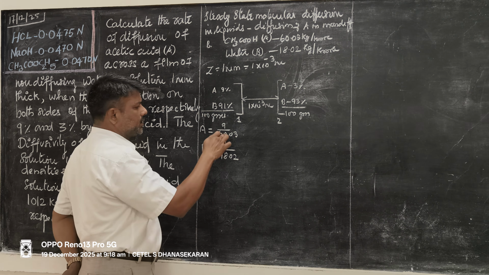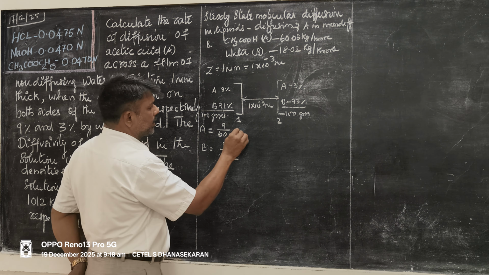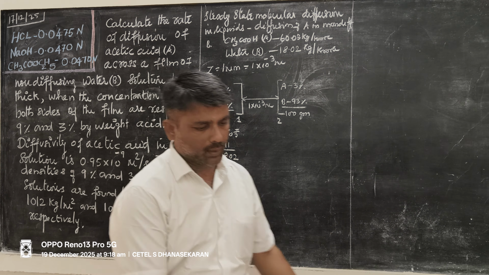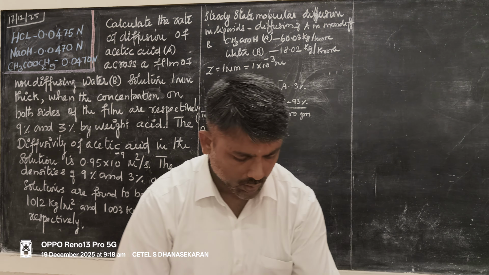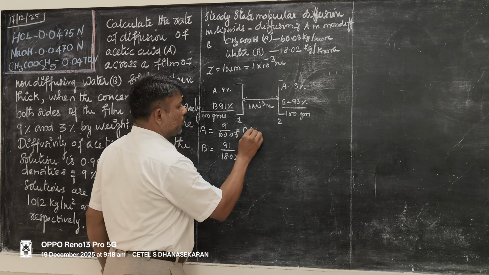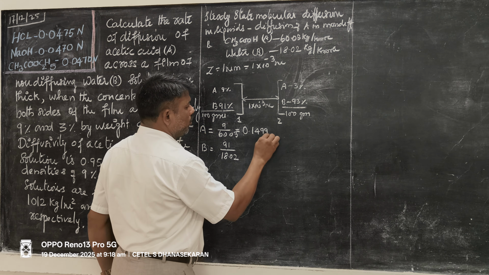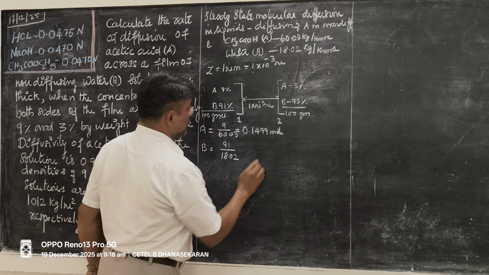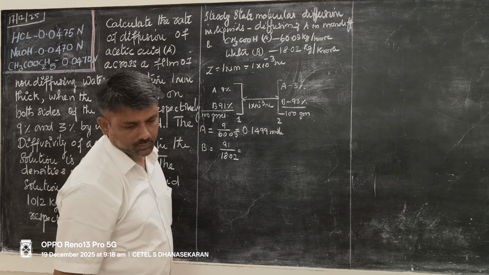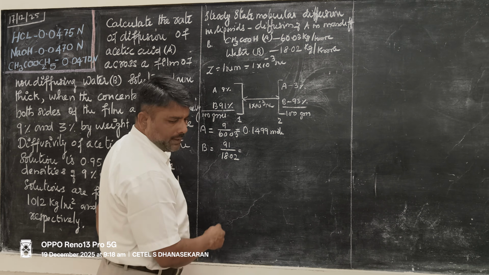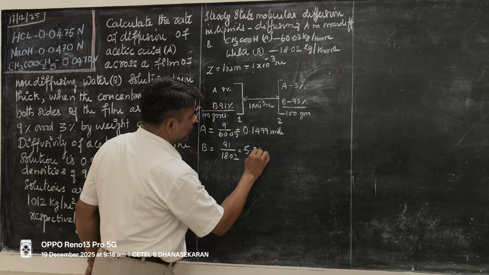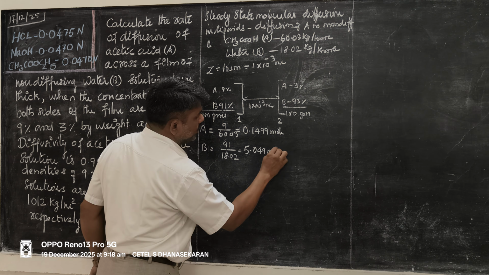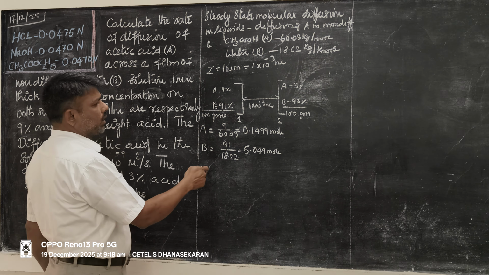Weight divided by molecular weight is equal to mole. So we get 0.1499 moles of A. Similarly, 5.0499 moles of B in region 1.